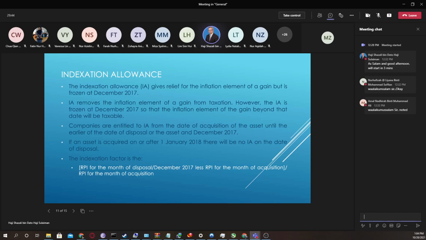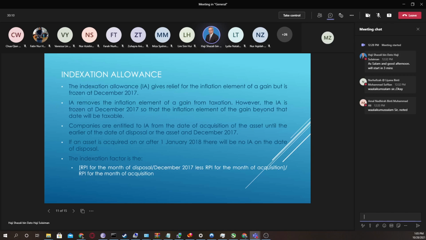The indexation allowance removes the inflation element of a gain from taxation. However, after 1st January, the inflation element of the gain will be taxable. So I'm not sure why the government removed the indexation allowance after 1st January, but that appears to be the case here.